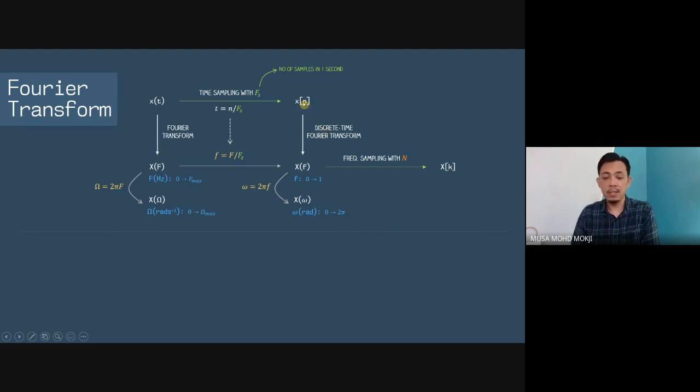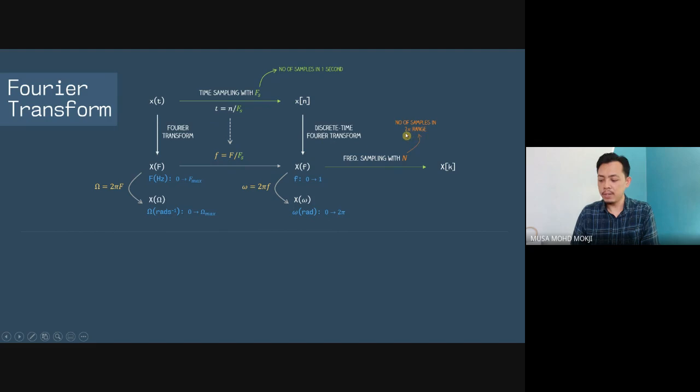So n is discrete, and this k is discrete. So we should have two sampling processes. And what is actually n? This one is with Fs, and this one is with N. Fs is the number of samples in 1 second, and N is the number of samples in the 2 pi range.